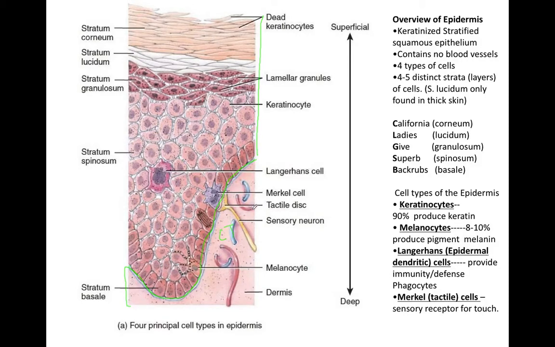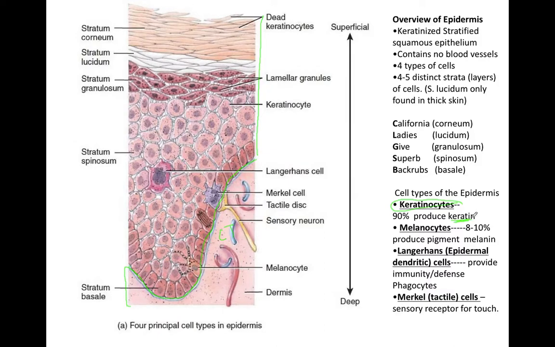So we have the cells of the epidermis. We're going to start with the keratinocytes. Keratinocytes. These cells, remember cyte means cells. Keratin tells you, something to do with keratin. These cells are making keratin. What is keratin?